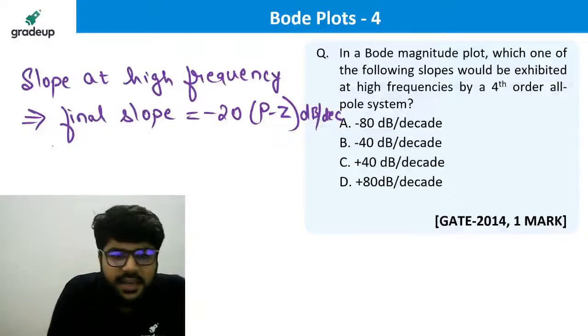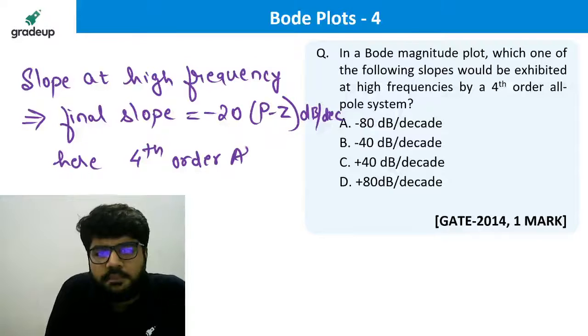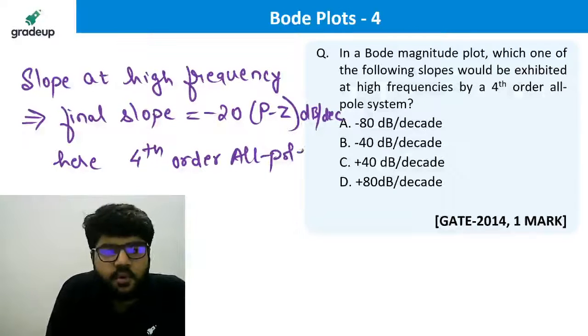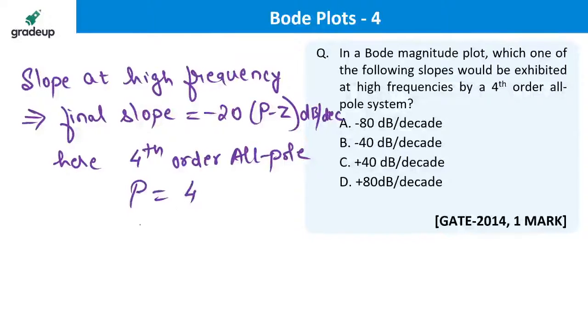So here it is given that it is a fourth order all pole system, meaning there is no zero. Fourth order means obviously p equal to 4, and all pole means there is no zero, z equal to 0. So what is the final slope, guys?